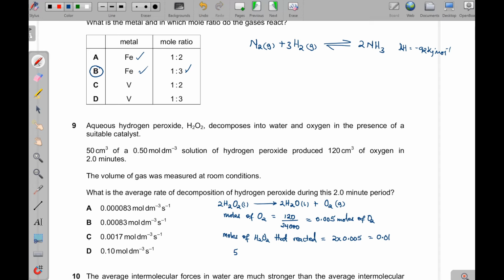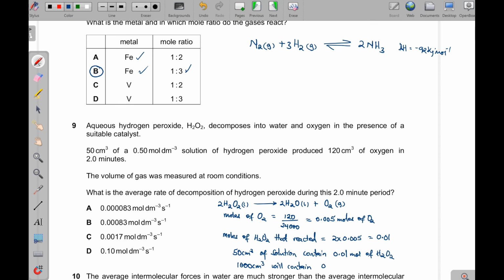So we shall say 50 cubic centimeters of solution contain the 0.01 moles of the peroxide. You see that? Then how about 1,000 cubic centimeters? So we need to see the concentration that reacted.